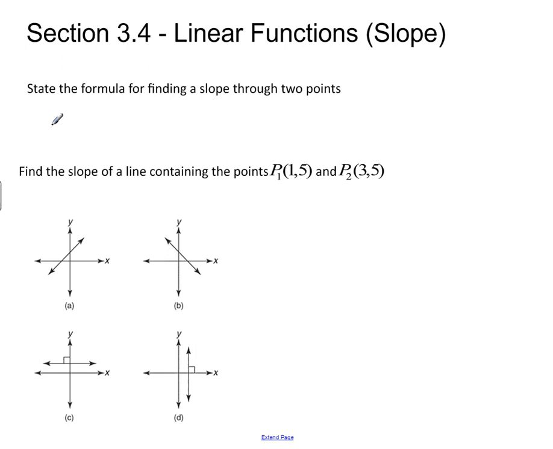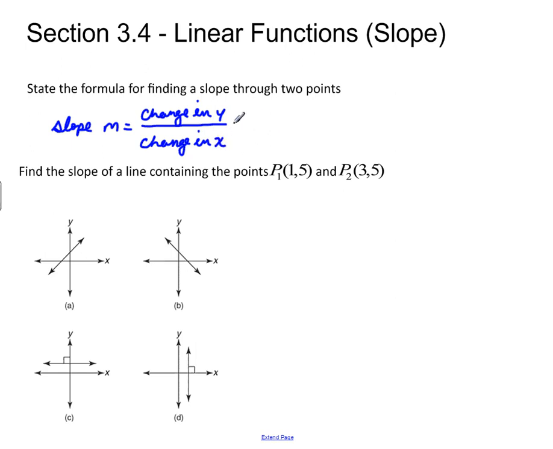Okay, we get slope, which we represent using the number m, as the change in y values between the 2 points divided by the change in x values. So the change in x.